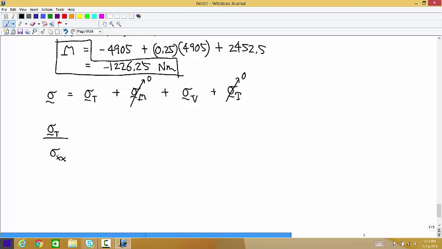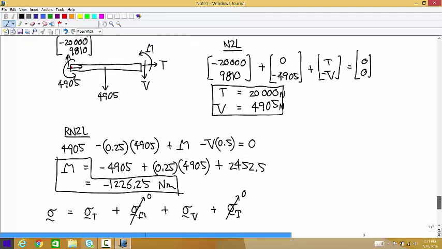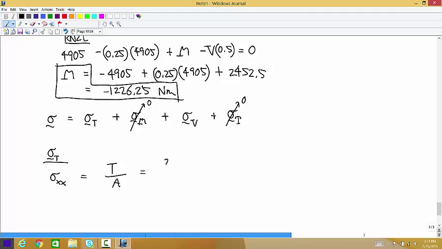The XX stress is equal to tension divided by the cross-sectional area. The tension was positive 20,000. The area is pi r squared, so pi times 0.2 squared.